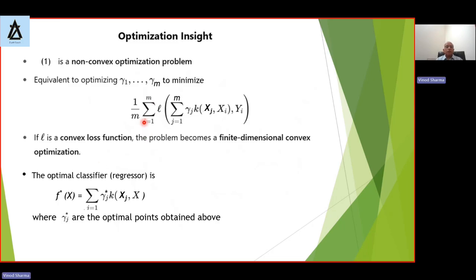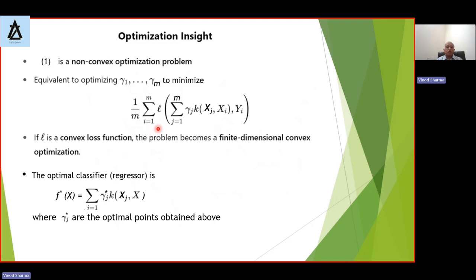So notice that this is a minimization problem where we have to find parameters gamma_1 to gamma_m. These are m variables that we have to find, which is equal to the number of training samples. And if L is convex, we are trying to optimize a finite dimensional convex optimization problem.